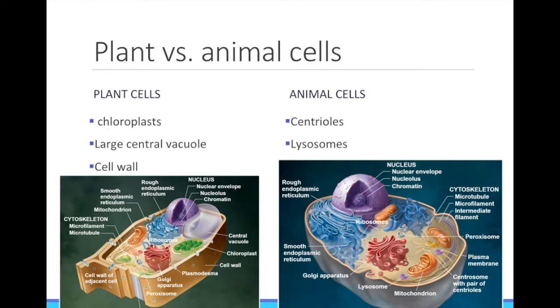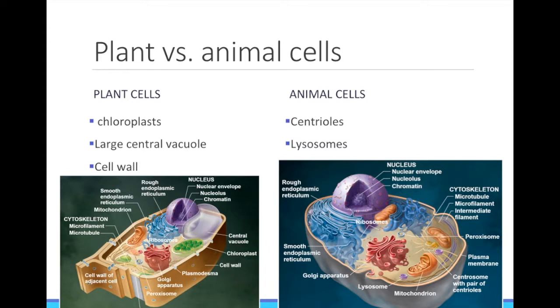Plants have chloroplasts for photosynthesis, a large central vacuole for storing water, and a supportive cell wall. Animal cells don't have any of these three organelles. Animal cells do have centrioles for cell division and lysosomes for digestion that plant cells don't have.